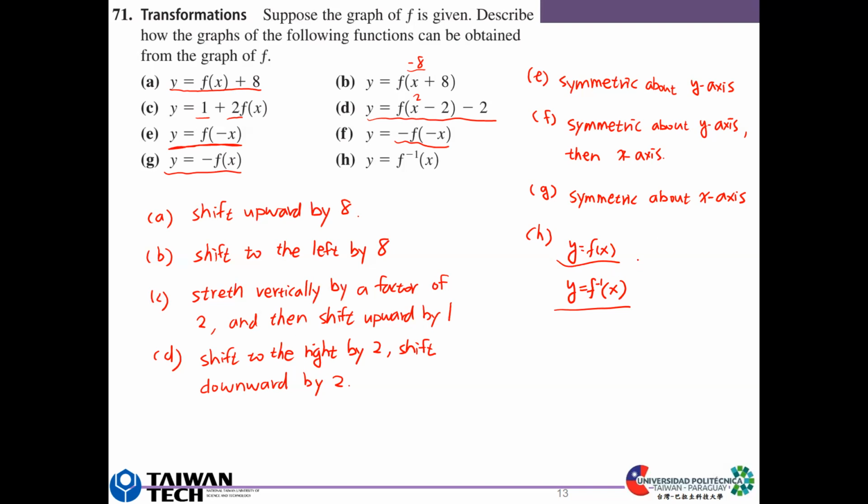So they are inverse functions, matching about y equals x. This is the definition of an inverse function. Okay, so these definitions are important, and please memorize them.